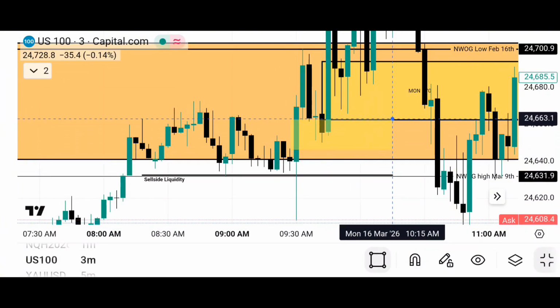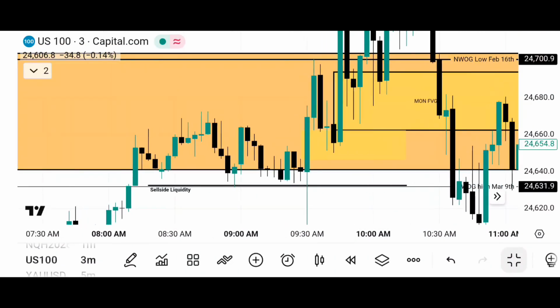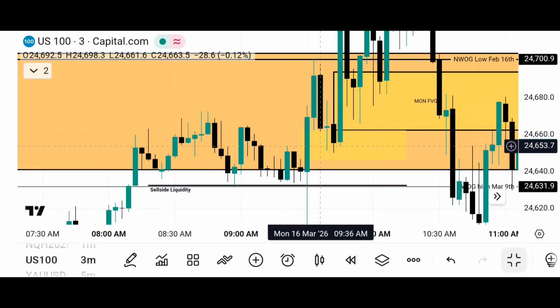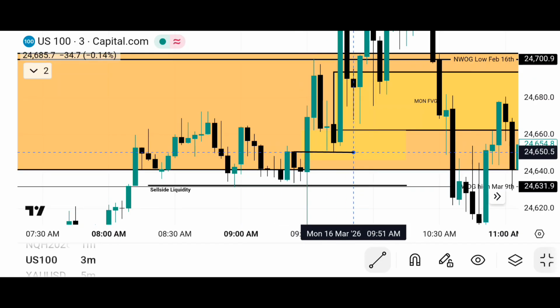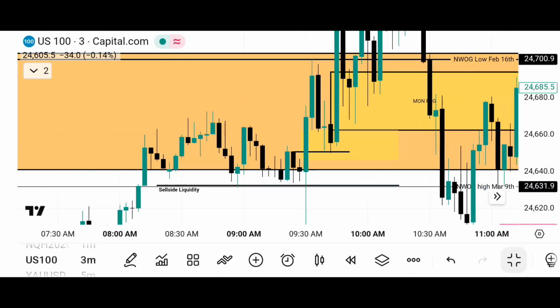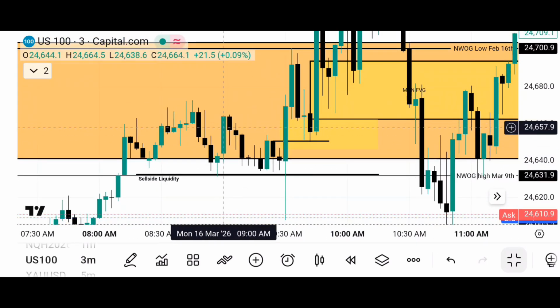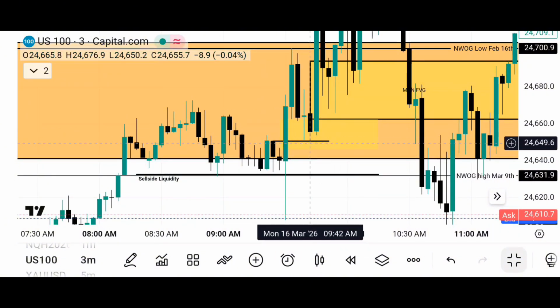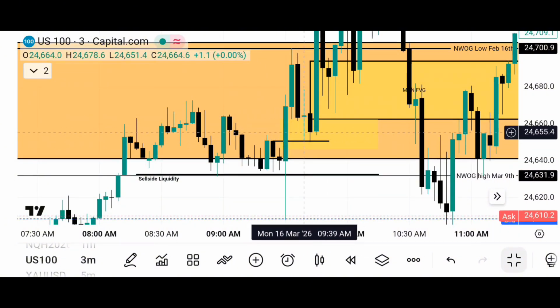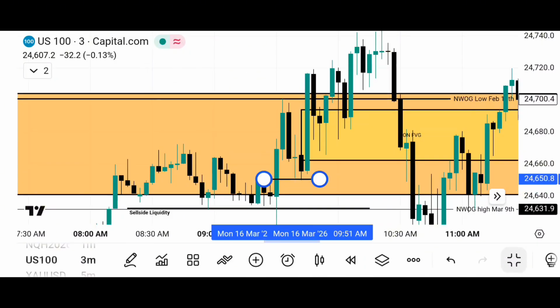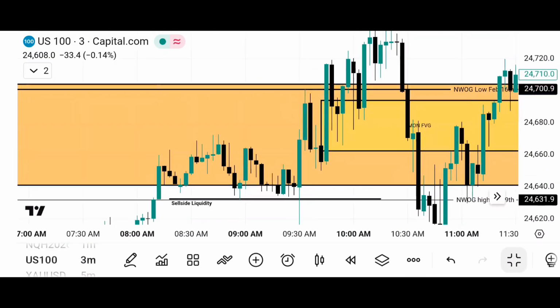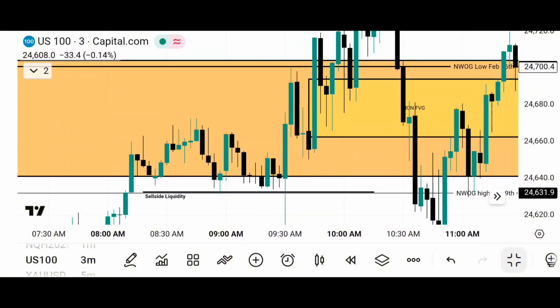This is the gap, this is the fair value gap. Once I see that my price is dropping down into this fair value gap, there is also an order block right here in price, which price has dropped down into, and also I can identify this breaker. I'll be very confident that after price drops down into this gap, it will rally upward, right? Because there are different confirmations there in price.